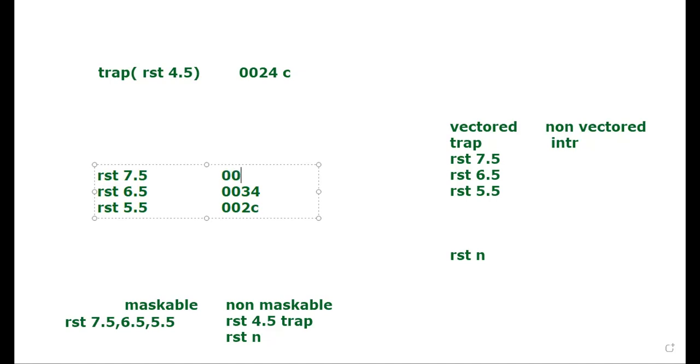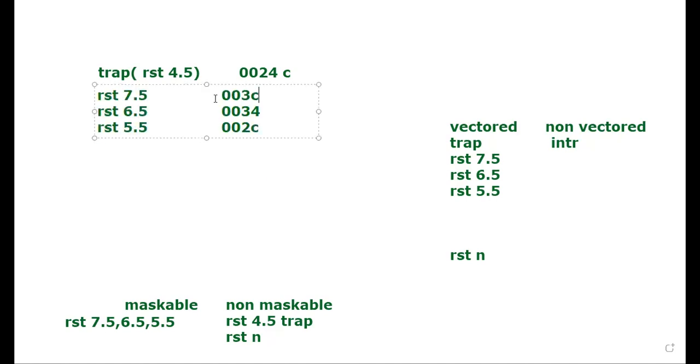So these vector addresses are very important because they can ask you what are the vectored interrupts and what are the vector addresses. So these are your hardware interrupt vector addresses.